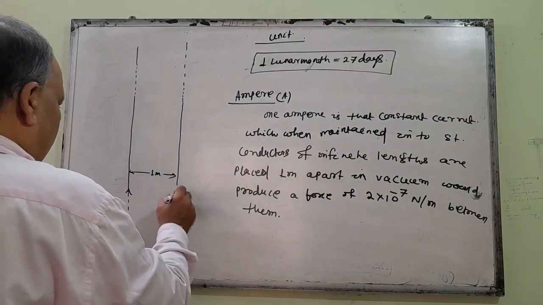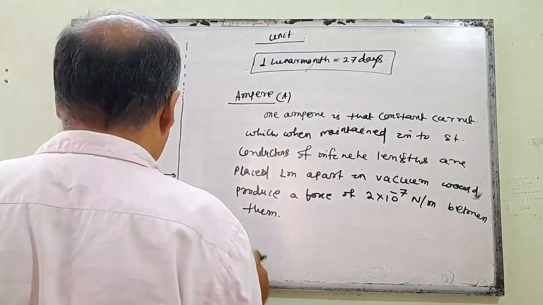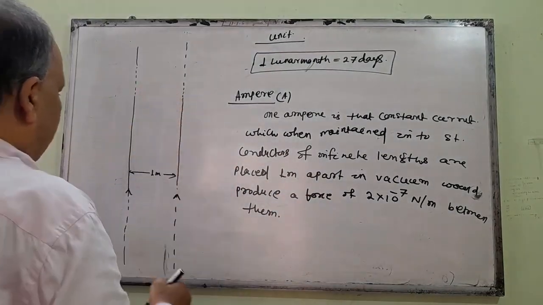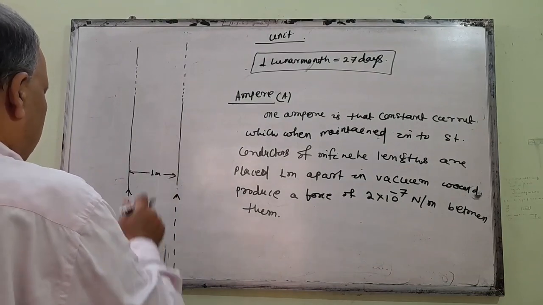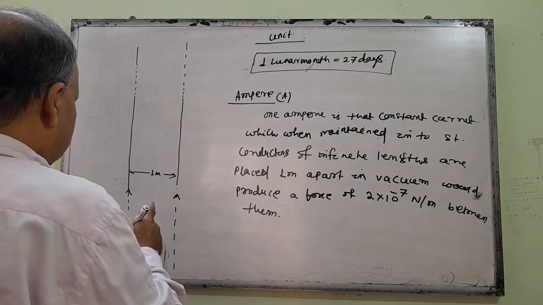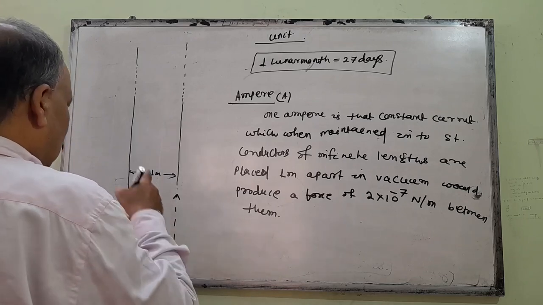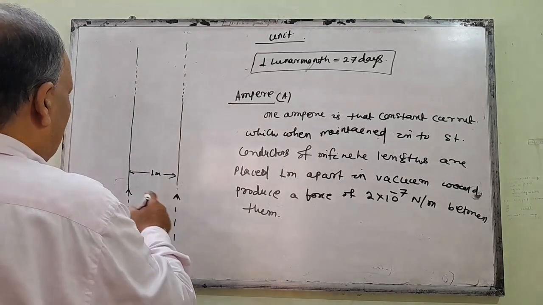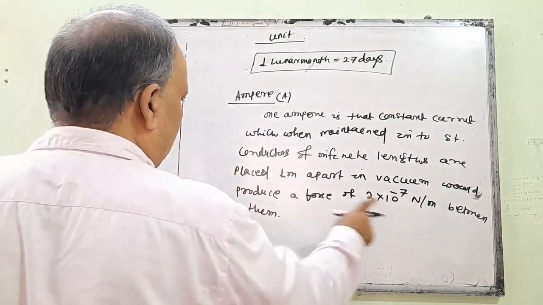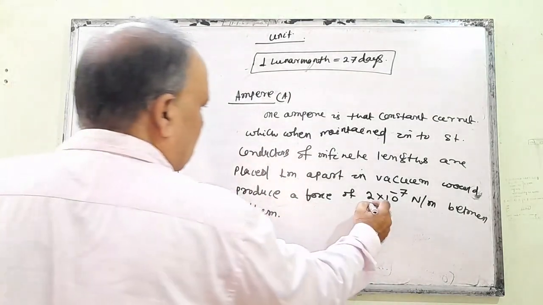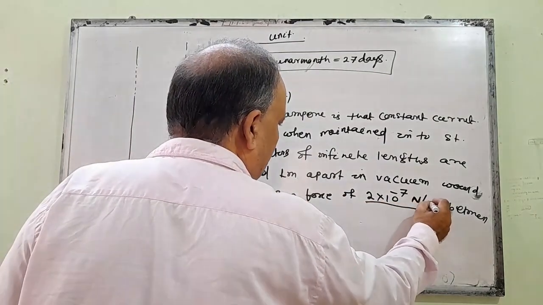You pass current through them. You take two straight conductors of infinite length, place them in air or vacuum 1 meter apart, and you pass such an amount of current through them that they produce a force of attraction of 2 into 10 to the power minus 7 Newton per meter.